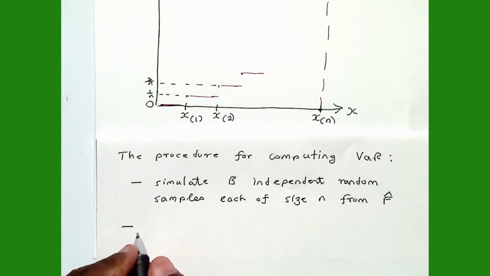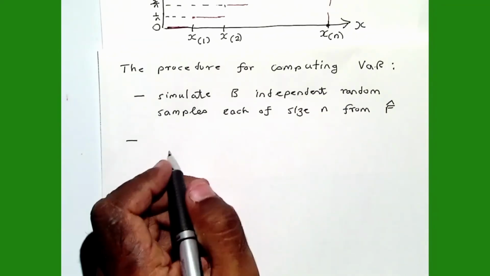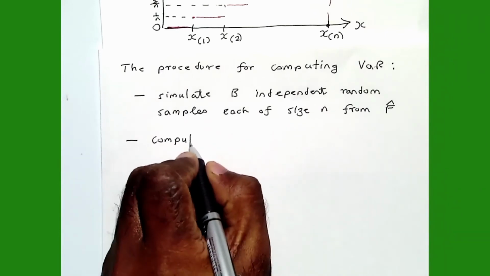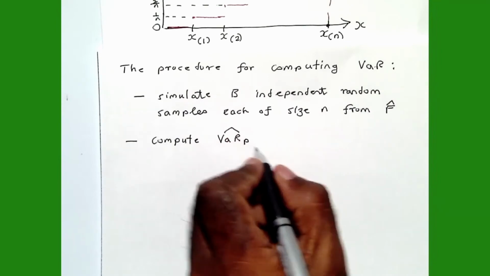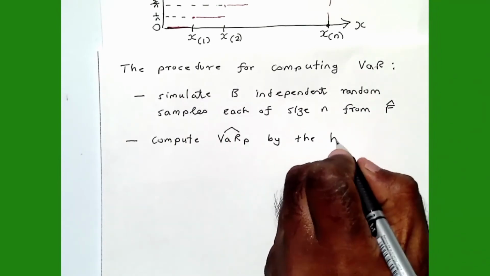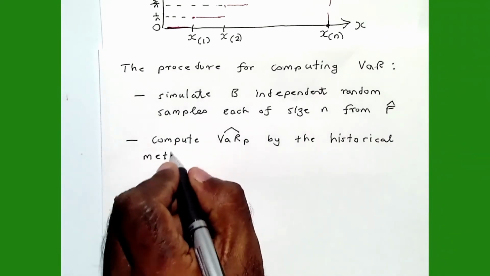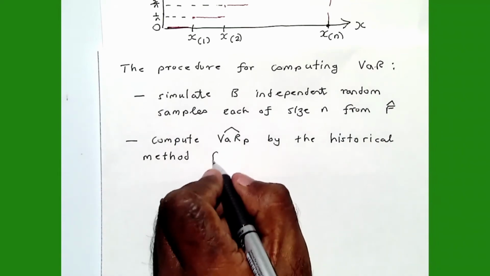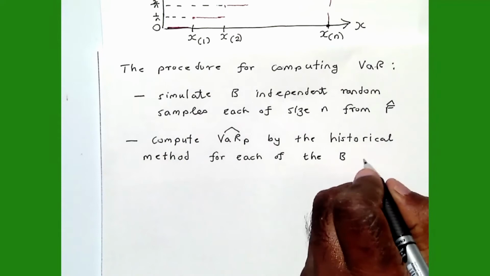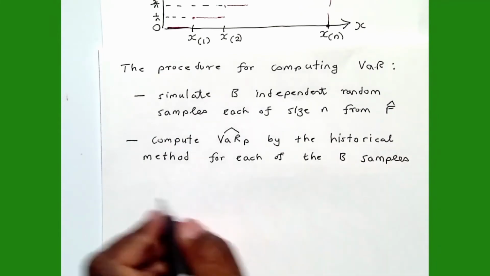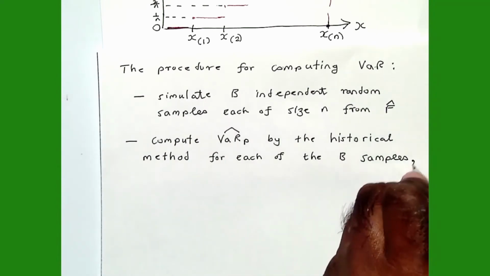The second step is to compute the estimate for VaR by the historical method, which I described earlier, for each of the B samples.